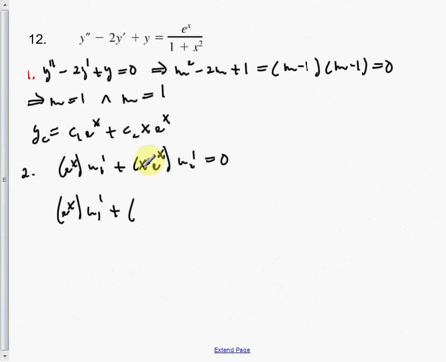Take this derivative of the product rule. So this is 1 times e to the x plus the first times the derivative of the second. So that's x times e to the x times u sub 2 prime, and that's equal to this f of x, e to the x, all over 1 plus x squared.